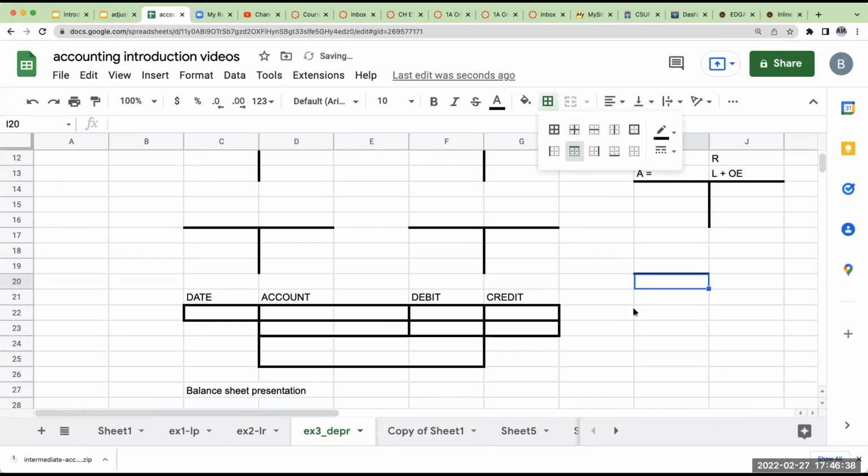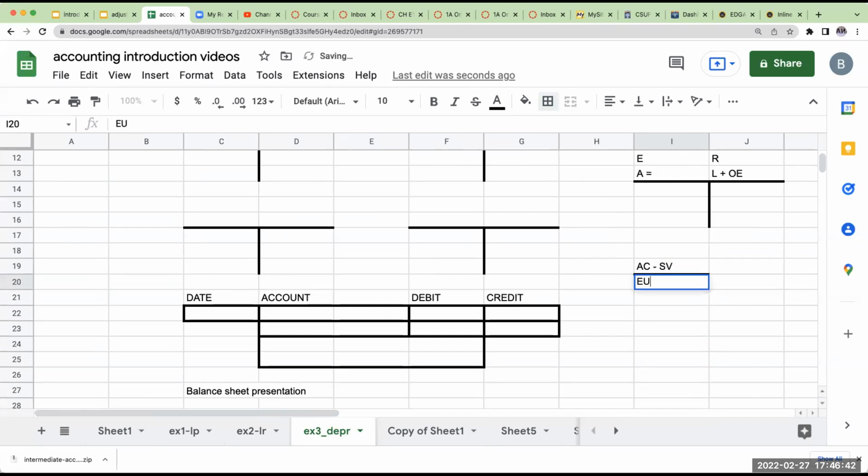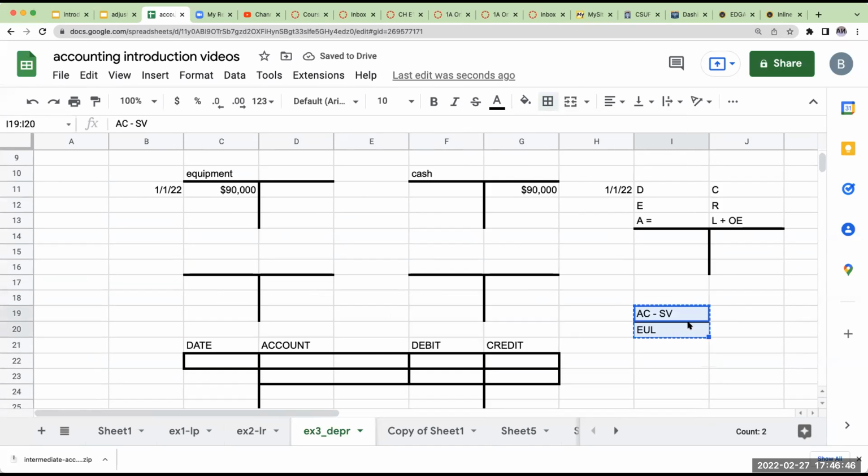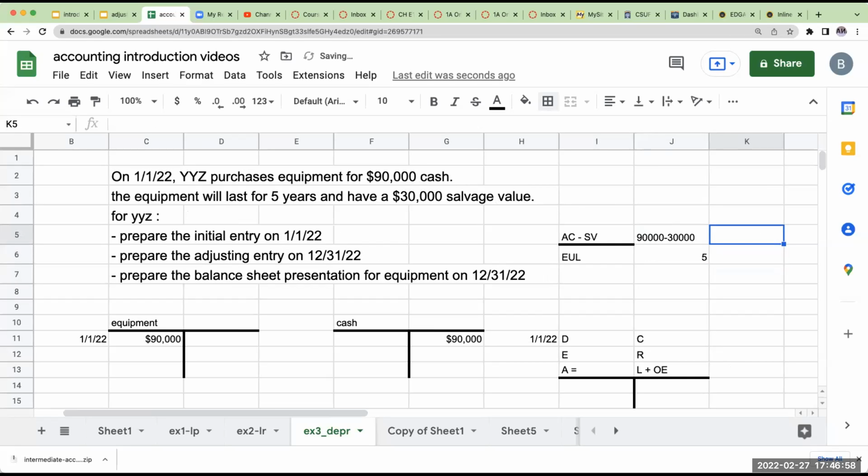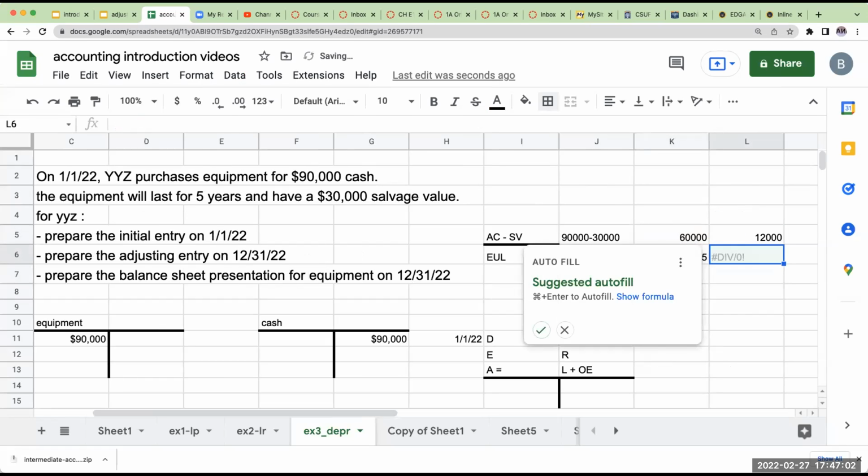Well, I'm going to take my acquisition cost minus my salvage value and divide it by the estimated useful life. If this does not look familiar, please go back to the last video, number 6 in the sequence. So this is going to be 90,000 minus 30,000 divided by 5. So this is 60,000 divided by 5, or $12,000 per year.